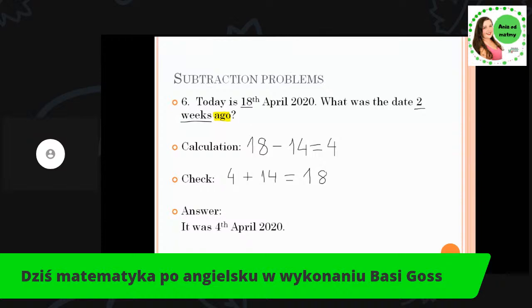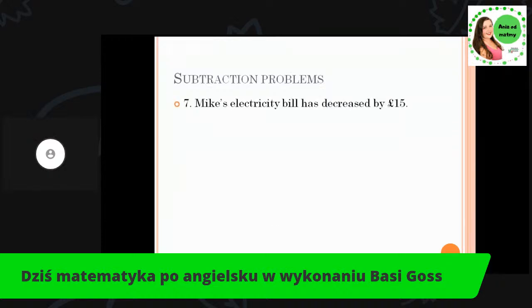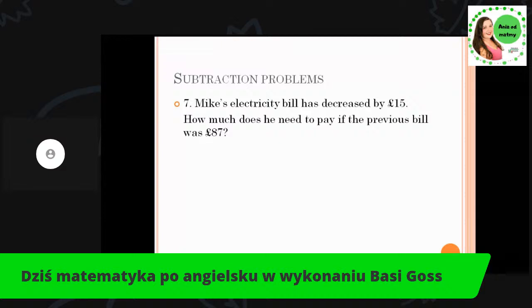And problem number 7. Okay, we've got some bills. So let's read the question together. Mike's electricity bill has decreased by £15.